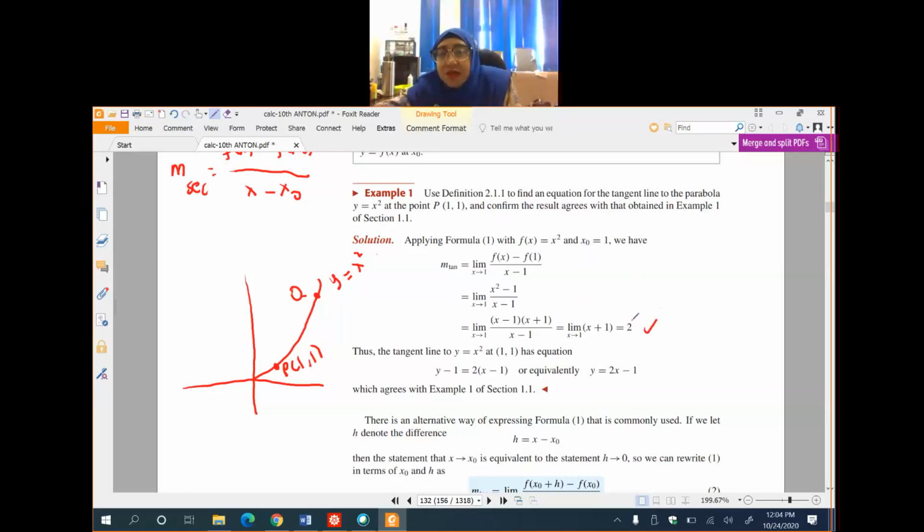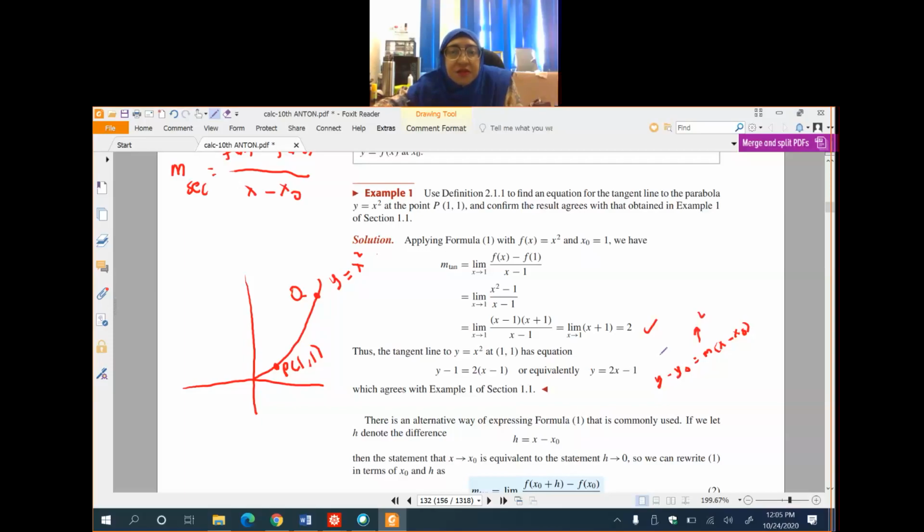It doesn't stop here, because the question asks not only for the slope of the tangent line, but also the equation of the tangent line. The equation of the straight line is given by y minus y naught equal to m multiplied by x minus x naught. You already know m tangent is 2. What about y naught?